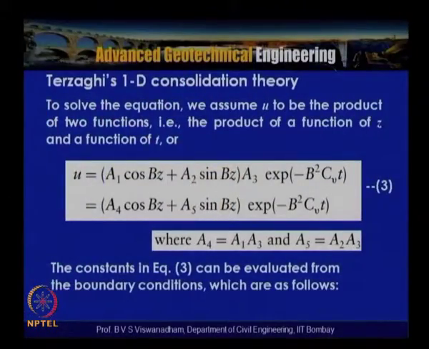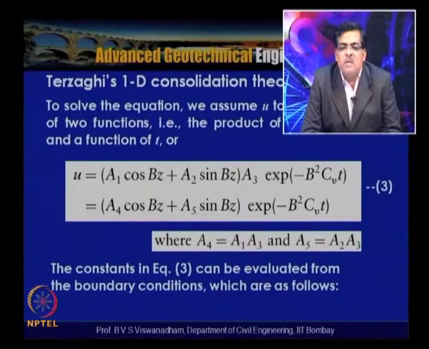To solve this equation, we assume that u, the pore water pressure, is the product of two functions, a function of z and a function of t, given as u = (a1 cos bz + a2 sin bz) a3 e^(-b² Cv t) = (a4 cos bz + a5 sin bz) e^(-b² Cv t), where a4 = a1 a3 and a5 = a2 a3.